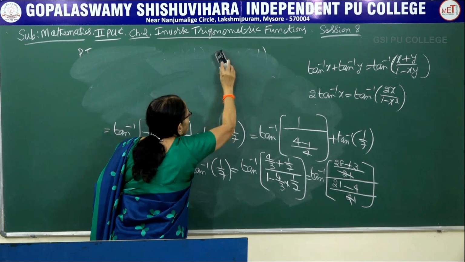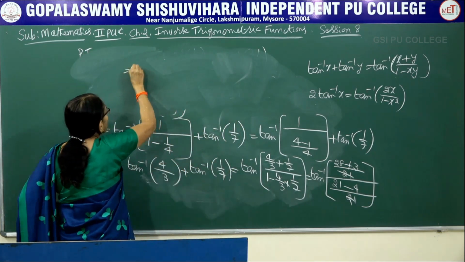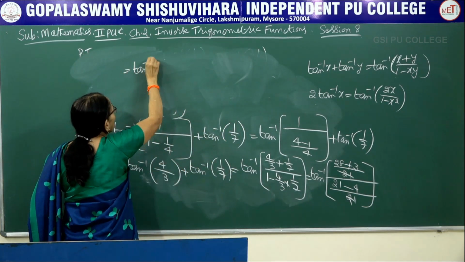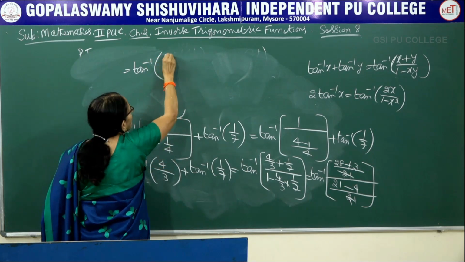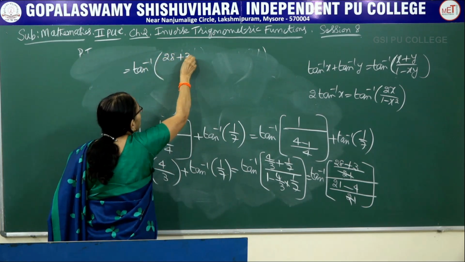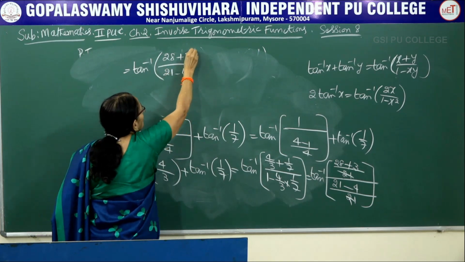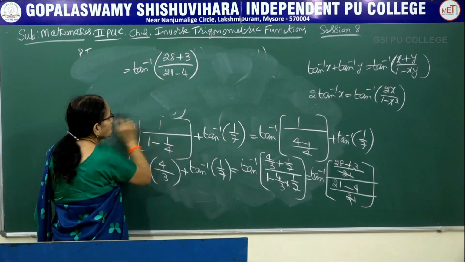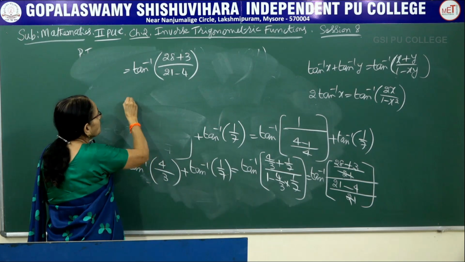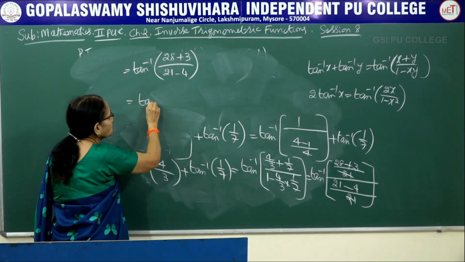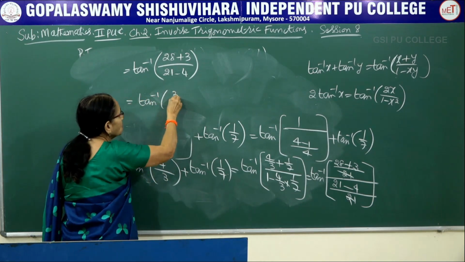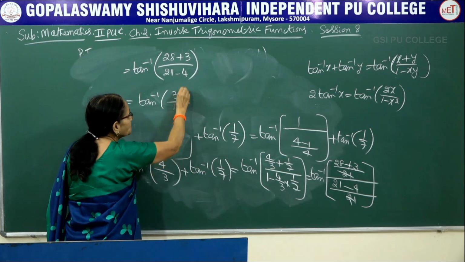Now what is remaining? That would be equal to tan inverse of 28 plus 3 divided by 21 minus 4. Now what is the simplification of this one? 28 plus 3 is 31 and the denominator is 17.